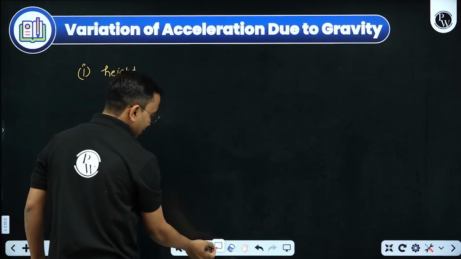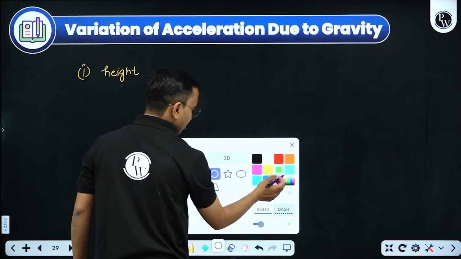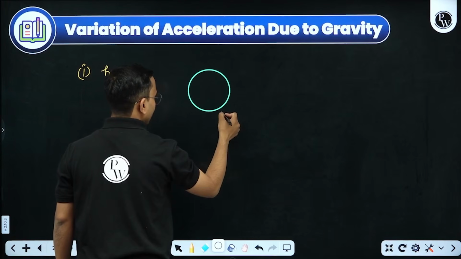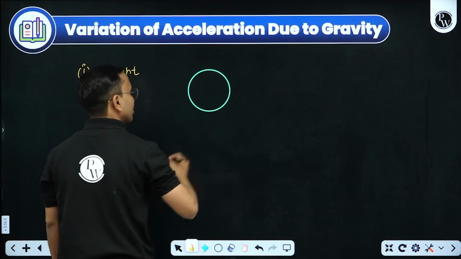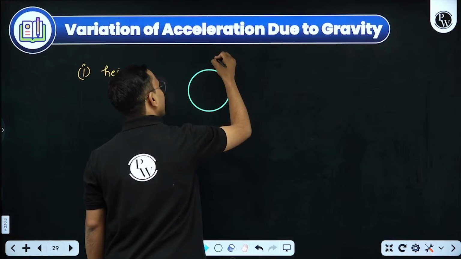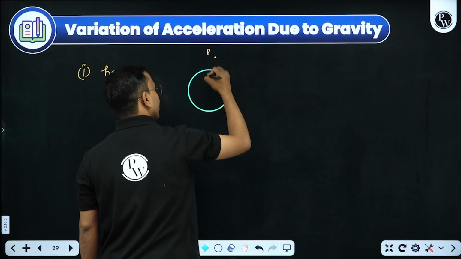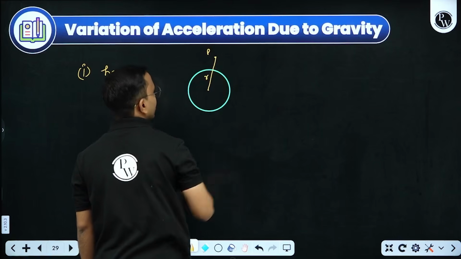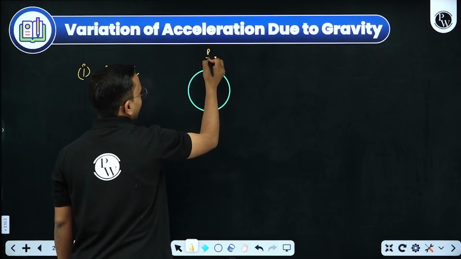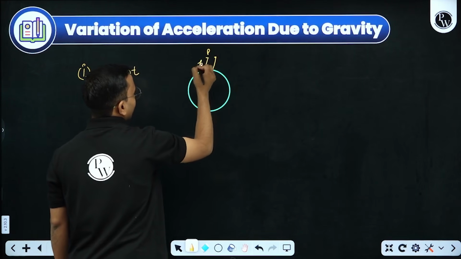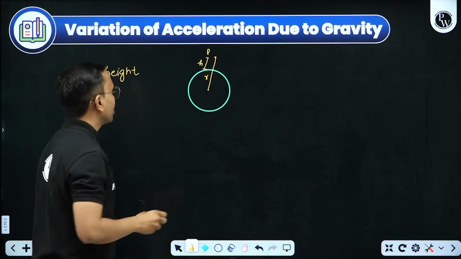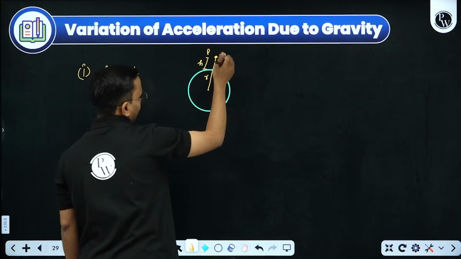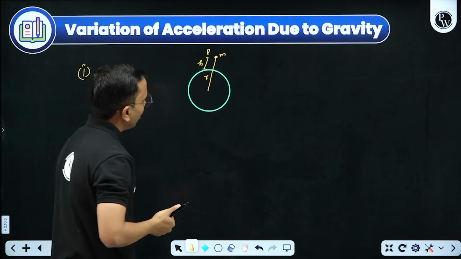So let us take this is our Earth, and a point P, which is at a distance r from the center of Earth and height h from the surface of Earth. If I write the force on this mass, I am taking a mass m there, how much will that be?